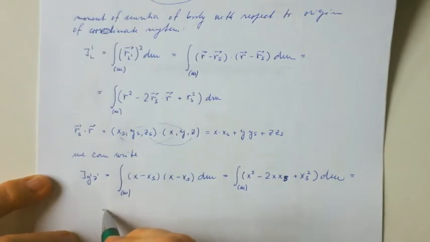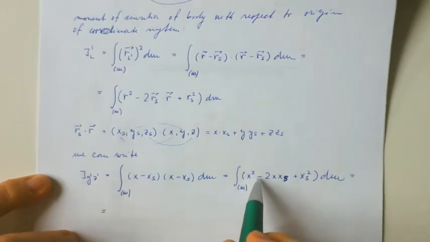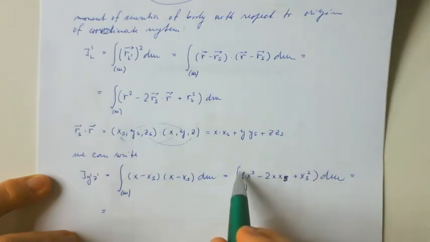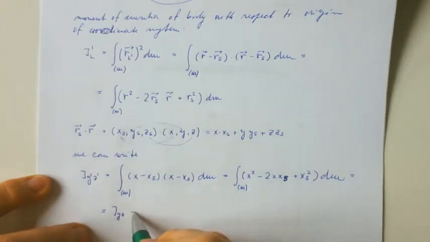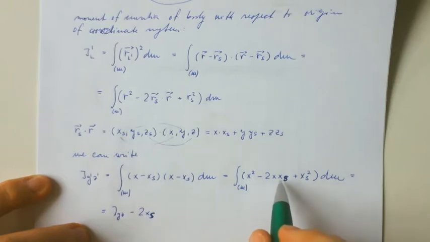If we split this integration into three integrals, we get the integral of x square dm, which is nothing else but Jyz, minus 2 xs, because xs is a constant, so we can put it out of the integration, and the 2 as well.